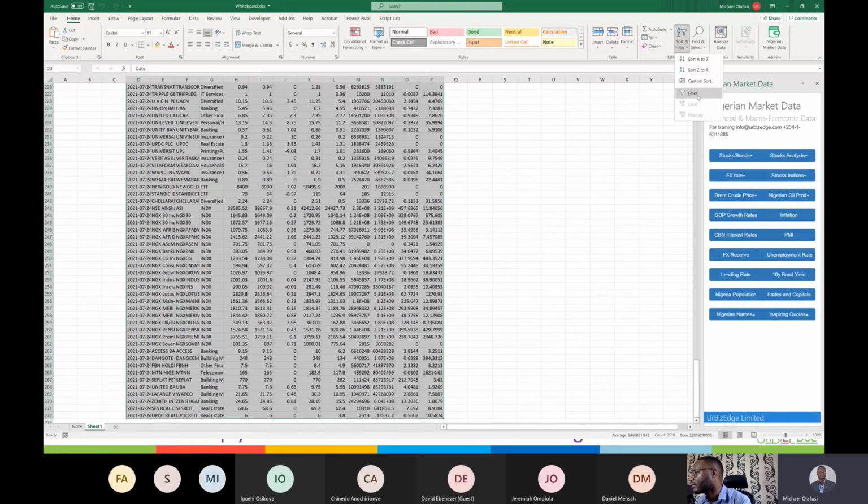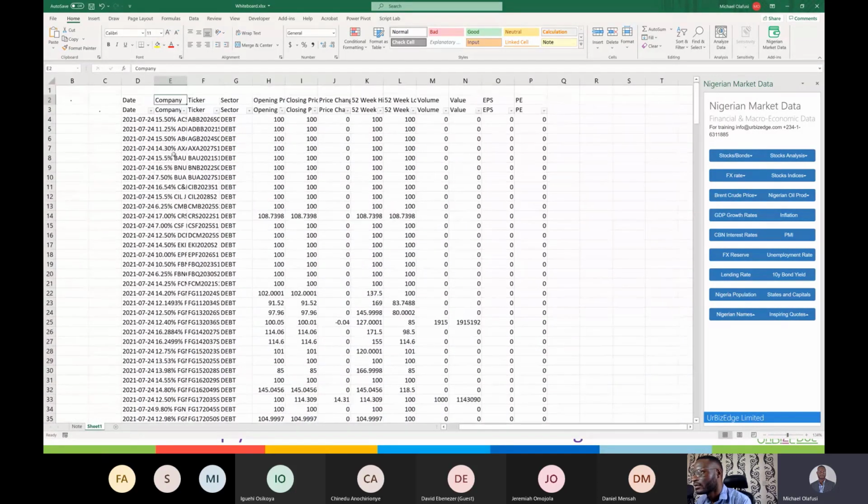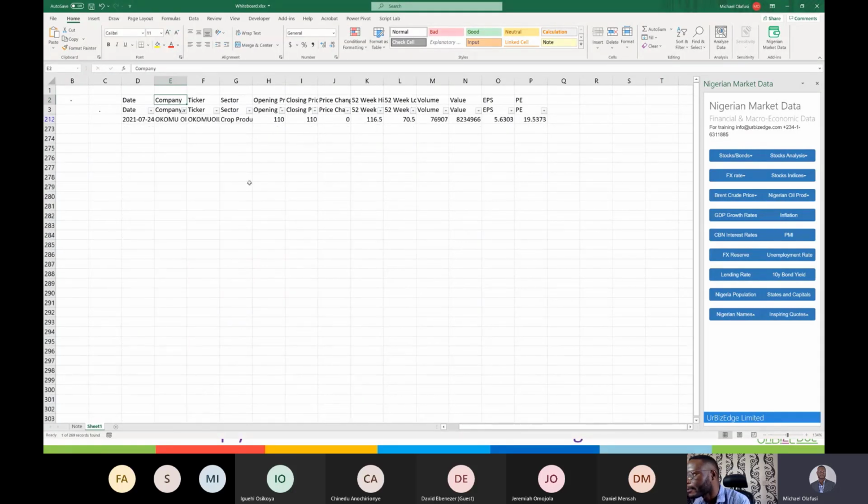Filter. And I type Okomu Oil. So the ticker is Okomu Oil. Okomu Oil is the ticker. So that's what I got from there.